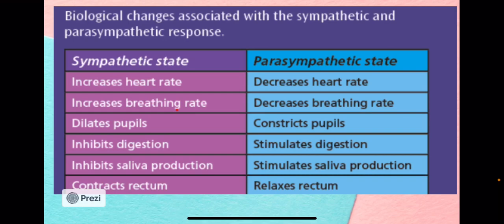Parasympathetic state decreases heart rate, decreases breathing rate, constricts pupils, stimulates digestion, stimulates saliva production, relaxes rectum. If we think about it, the sympathetic state is speeding things up and the parasympathetic state is slowing things down. If you go through a fight or flight response, your sympathetic state will be initiated. And then when the threat is no longer there, you will go through that parasympathetic state.